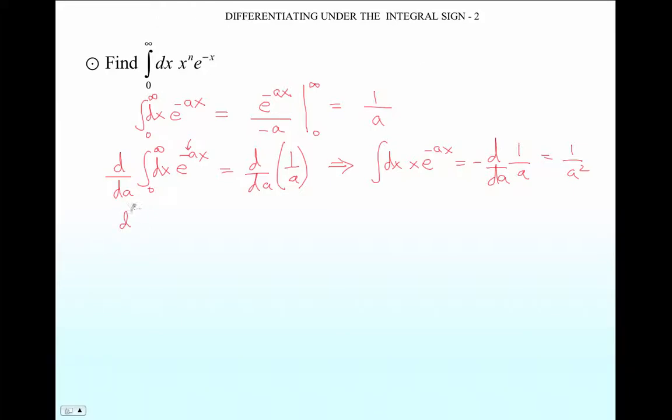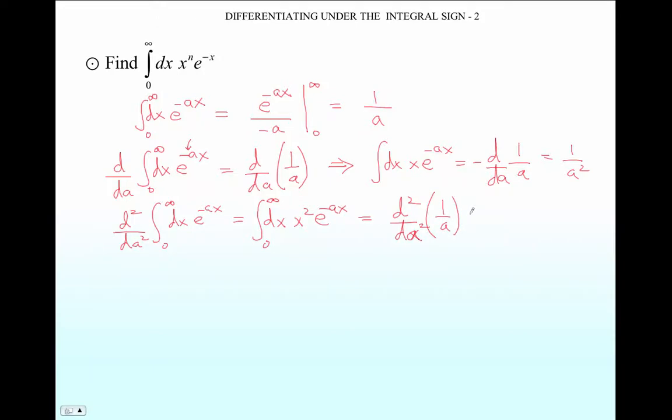So when you differentiate a second time what's above, then you will have the minus signs cancelling out, of course, and that's the integral dx of x squared e to the minus ax, 0 to infinity, and now that's the second derivative with respect to a of 1 over a.